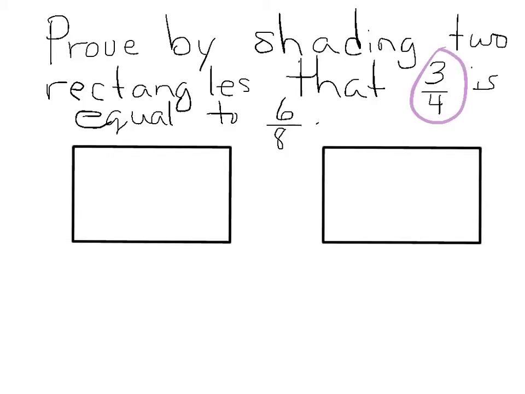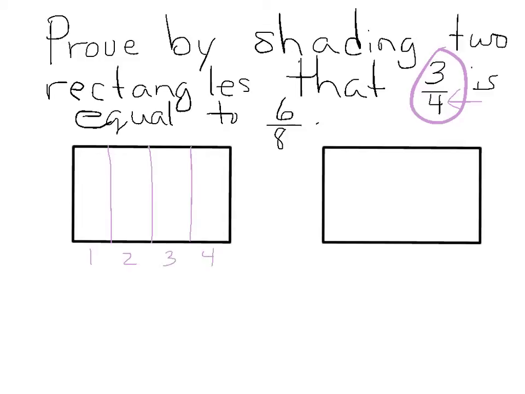All right, so how am I going to tackle this problem? Well, the first thing I need to do is to look at my first rectangle. I need to divide or shade in 3/4 of a rectangle. So the first thing I've got to do is to divide my rectangle into 4 equal parts. So the easiest way to do that is to divide first in half, and then to divide each half in half again. And then you can see that I have 1, 2, 3, 4 equal parts.